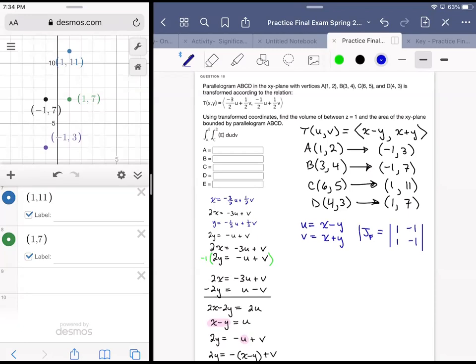If I find the determinant of the Jacobian matrix, diagonal down minus diagonal up, so -1 minus -1 gives you a result of 0.